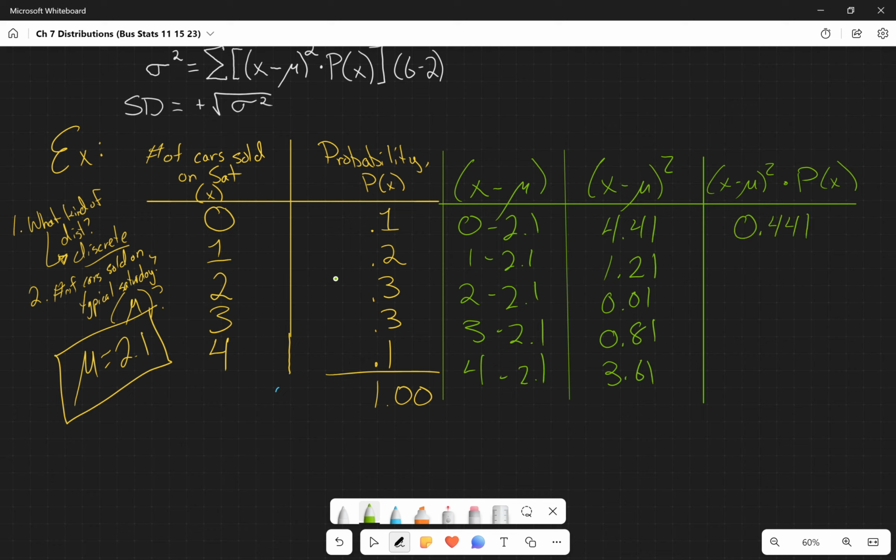Multiplying 1.21 by 0.2, we get 0.242. 0.01 times 0.3 is 0.003, 0.81 times 0.3 is 0.243, and 3.61 times 0.1 is obviously 0.361. We add all these up together to get our variance, sigma squared, 1.29.